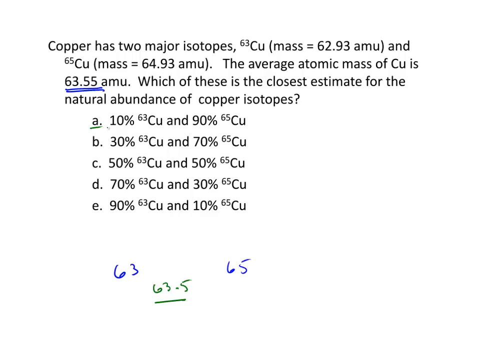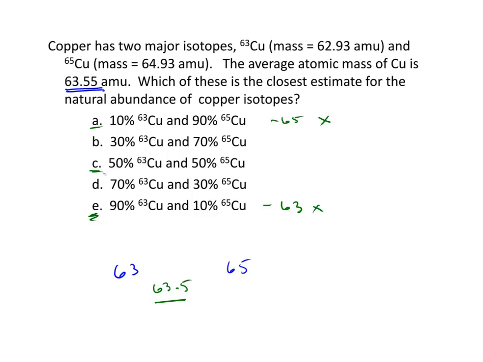Would it be 10% copper-63 and 90% copper-65? That would make the weighted average almost 65. That can't be it. What if it was answer E? What if it was 90% copper-63? Well, then it would be something like 63.1. It would be almost 63. That can't be it.